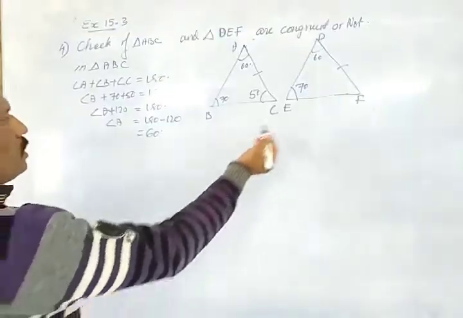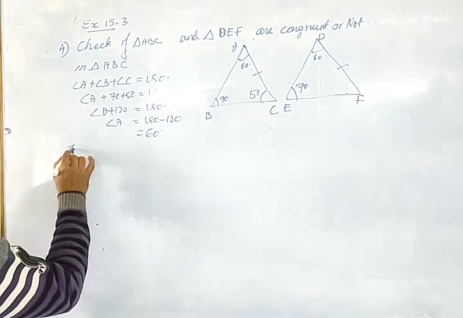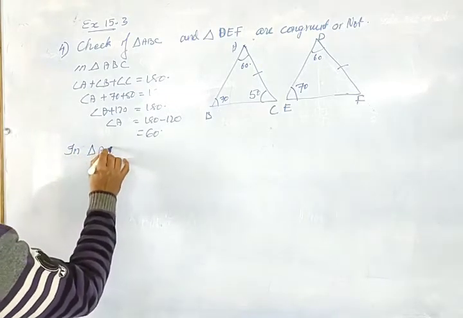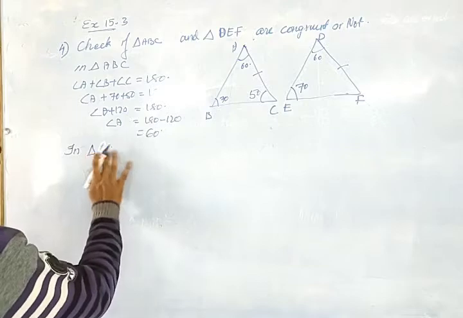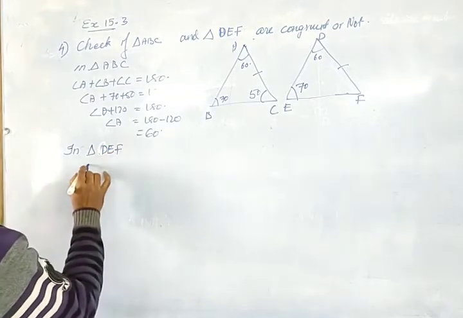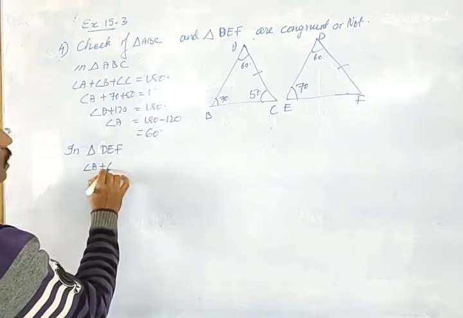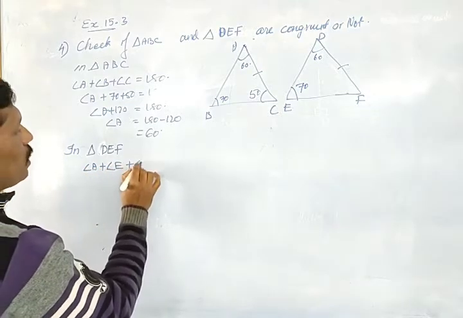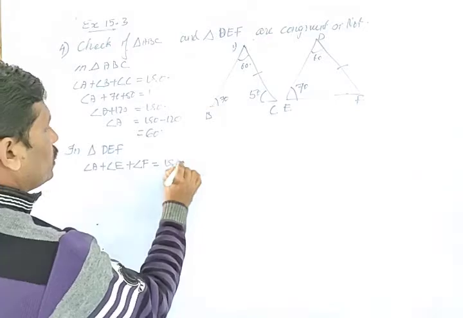And now in triangle DEF, angle D plus angle E plus angle F is equal to 180 degrees.